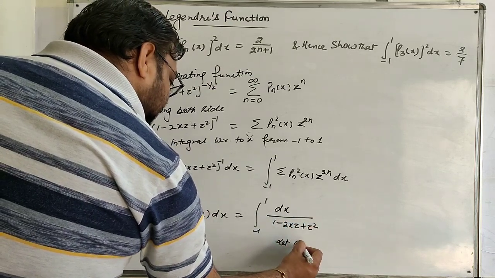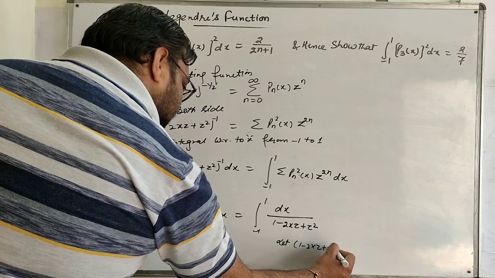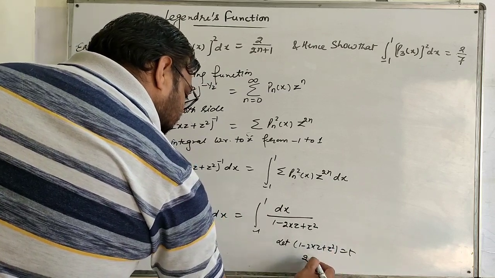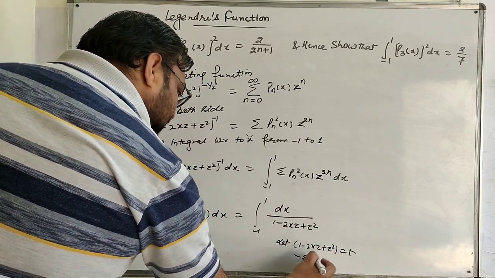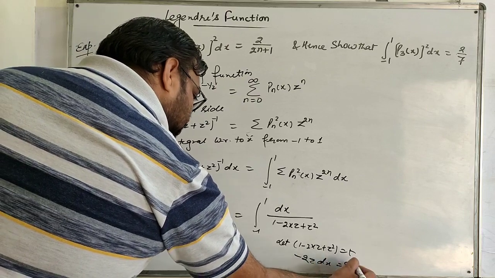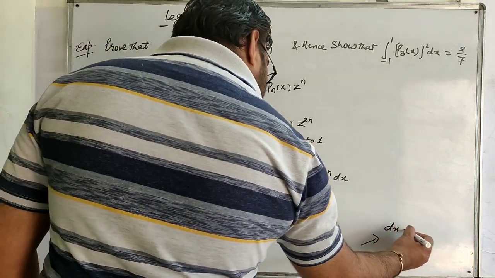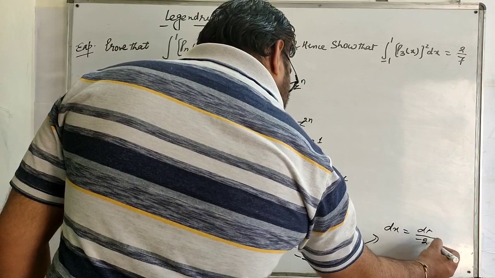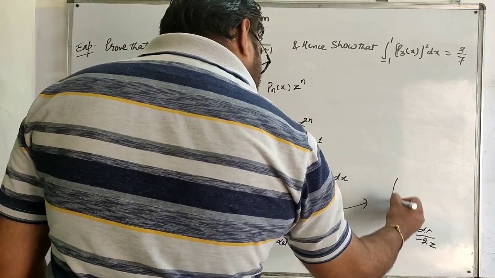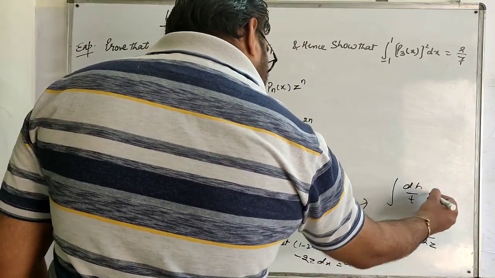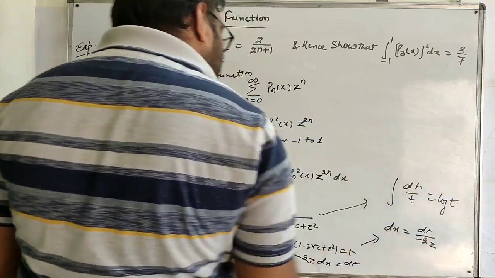Let 1 minus 2xz plus z square be equal to t, then minus 2z dx is equal to dt, or dx is equal to dt upon minus 2z. So this will convert into integral dt upon t, which is equal to log t.